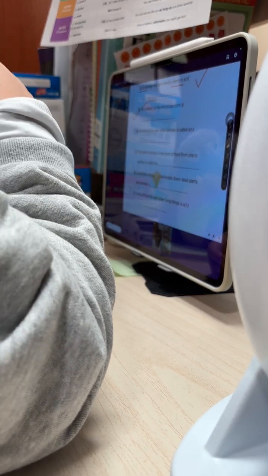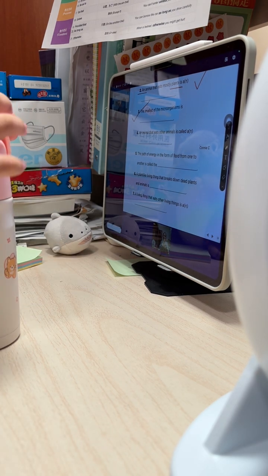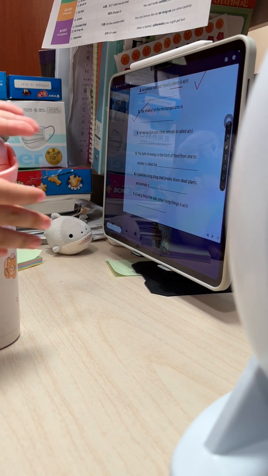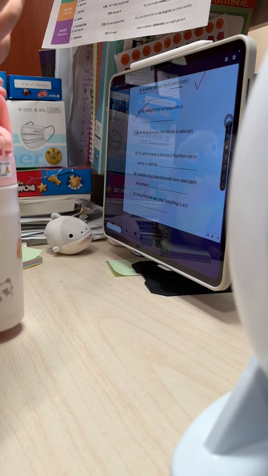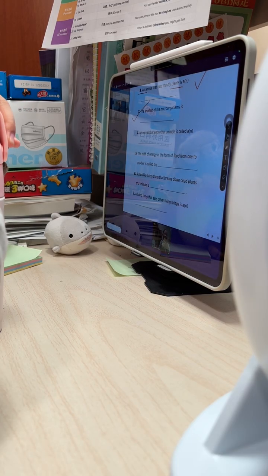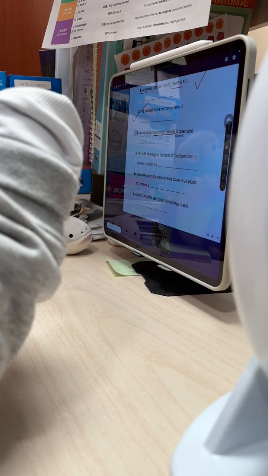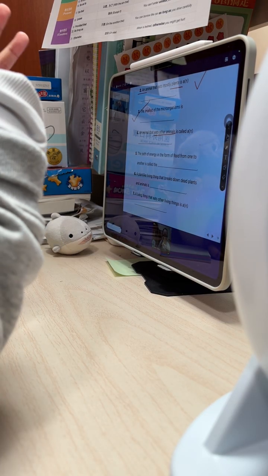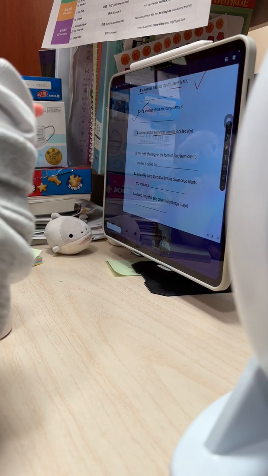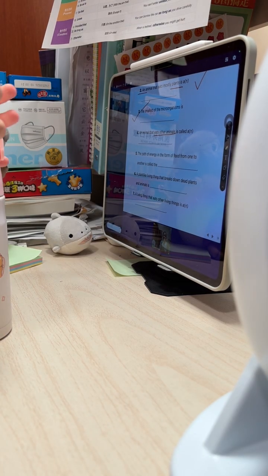Okay, number 4. An animal that eats other animals is called a carnivore. Now remember, just animals. No plants. Can you give me an example of a carnivore that just eats animals? Lions.